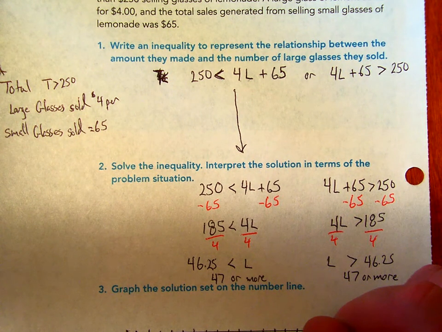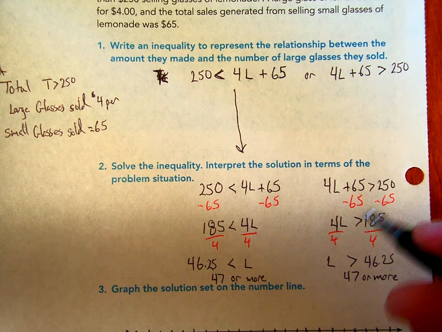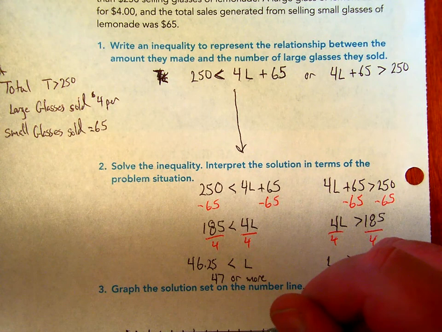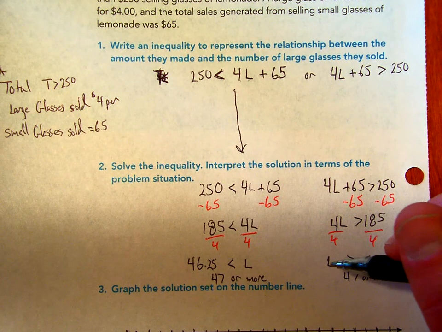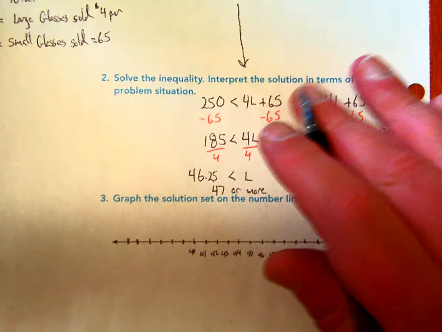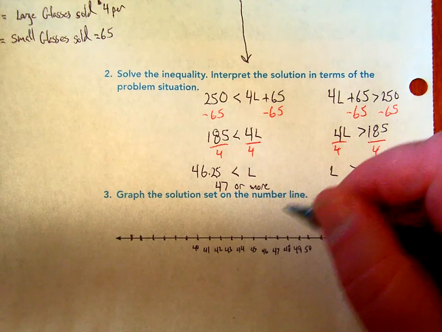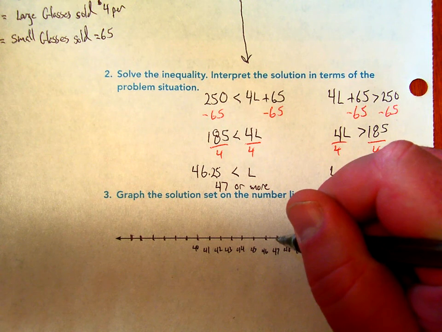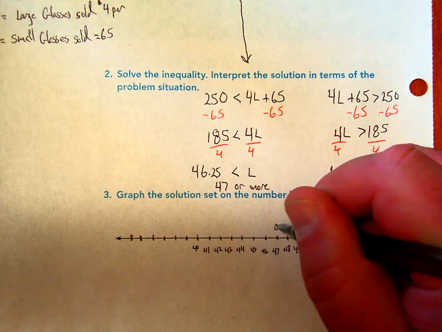Well, this had to be more than 46.25, but again, we're not selling partial cups of lemonade. We're selling whole cups of lemonade. And the smallest whole number larger than 46.25 is 47. And they could have sold 47, so it can be a solid line there, or a solid circle.